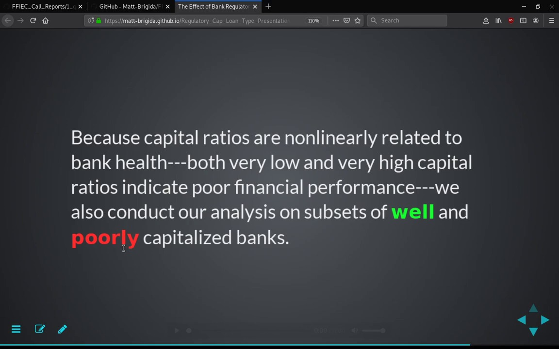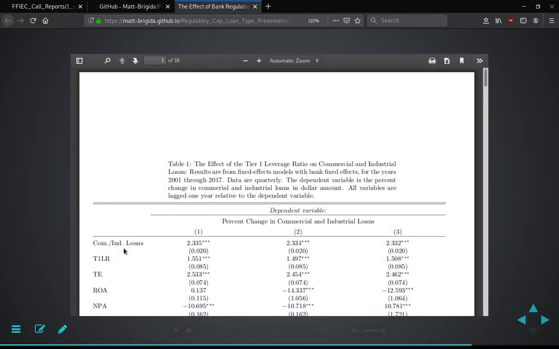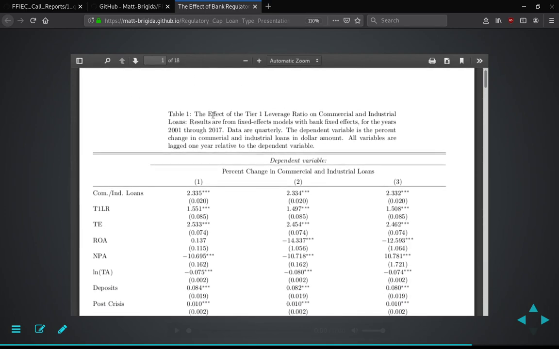So we're mainly concerned with those well-capitalized banks. And what we should see, and what we do see, is that the relationships don't hold for poorly capitalized banks, or they hold less so, because they are hoarding capital to get up to that capital level, and they can't lend more. So going through the results, this is non-risk weighted.